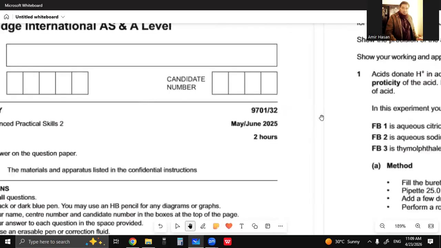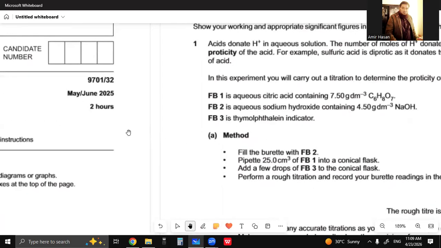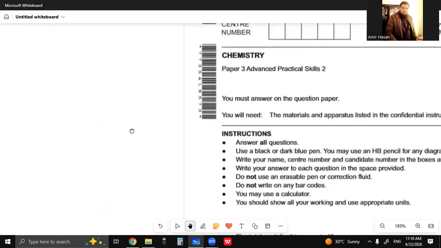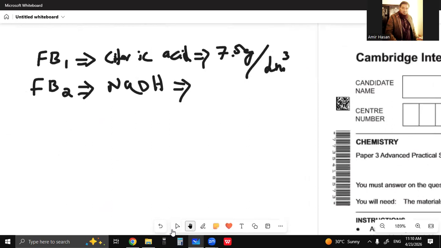First, the citric acid concentration, FB1. The second is the FB2, sodium hydroxide concentration, given as 4.5 gram per cubic decimeter.